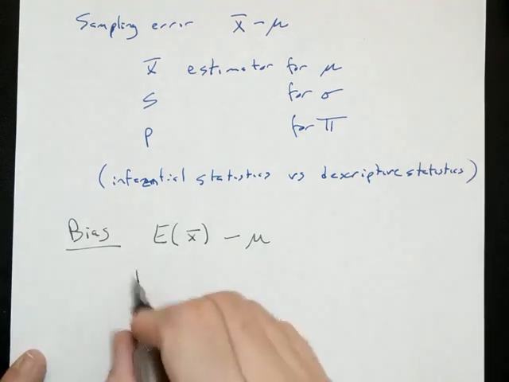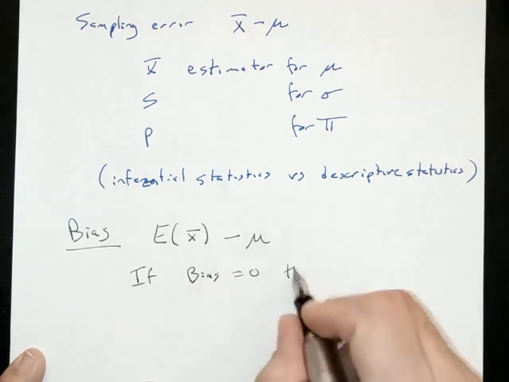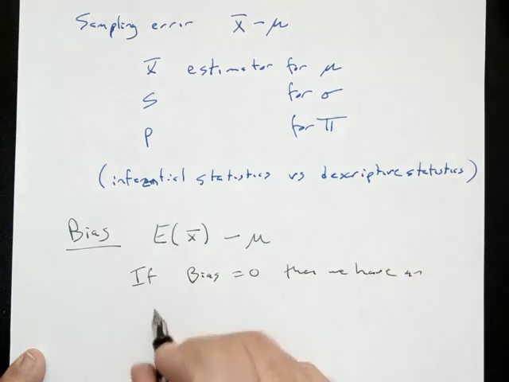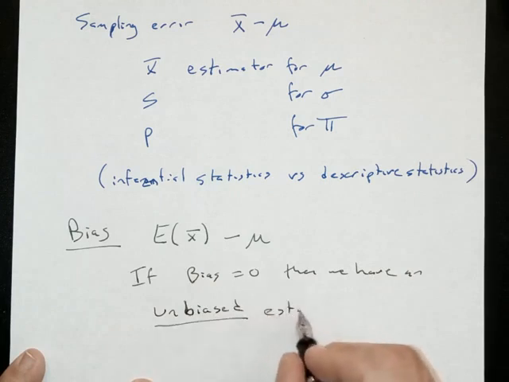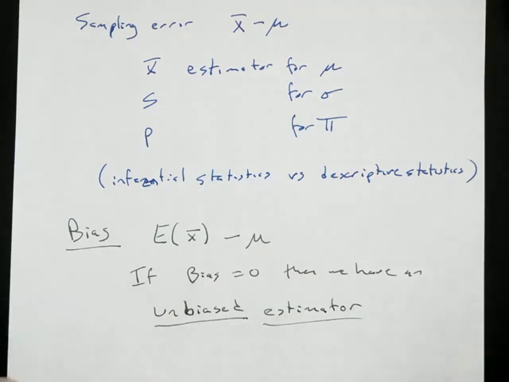If the bias is 0, then we have an unbiased estimator.